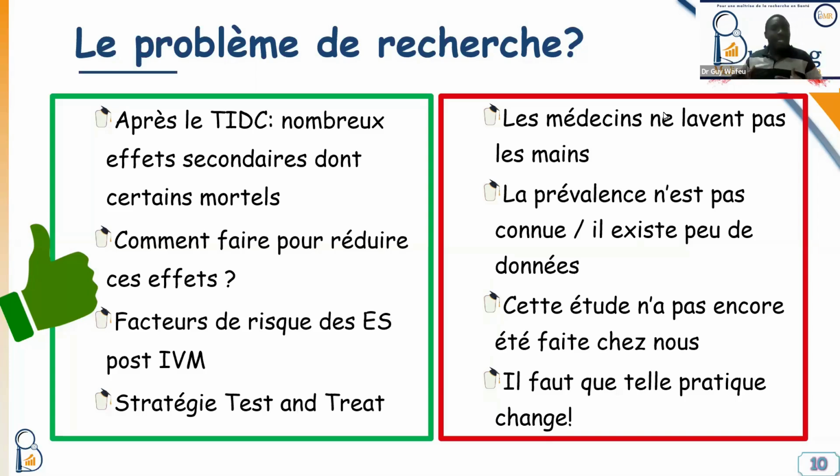So we developed a strategy of testing and treating only those without loiasis, and that's how we were able to tackle the problem of adverse events after ivermectin. So that is an example of a research problem which leads to a research project with a solution.